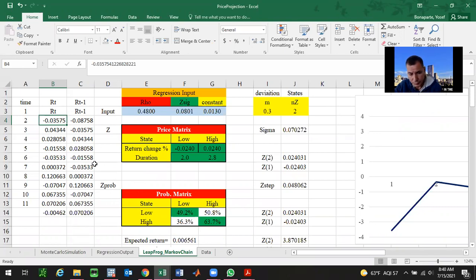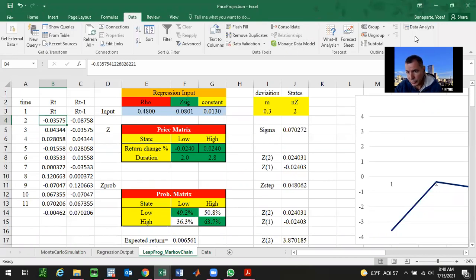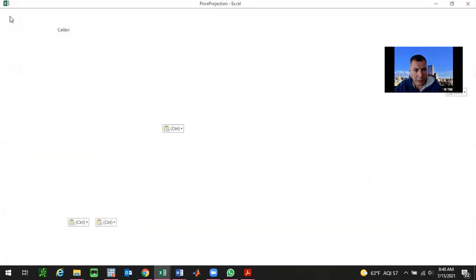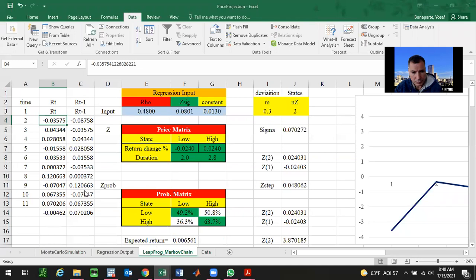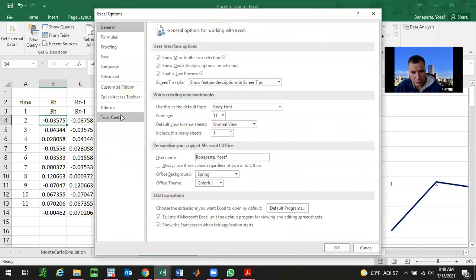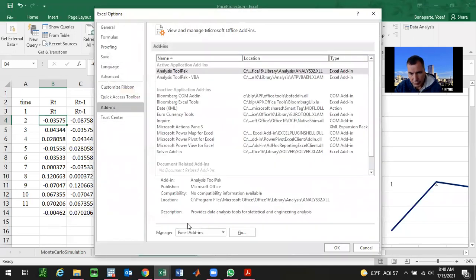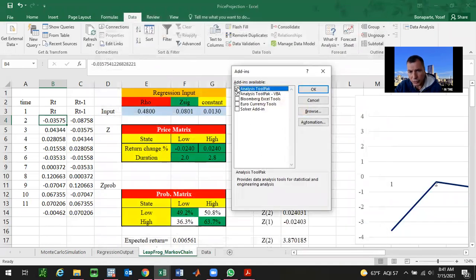So how to do that? You go to Data. You see Data Analysis here. So I'm going to take it off. Options. Add-ins. Go. So you see this. If you uncheck these boxes, this is going to go. Data Analysis.